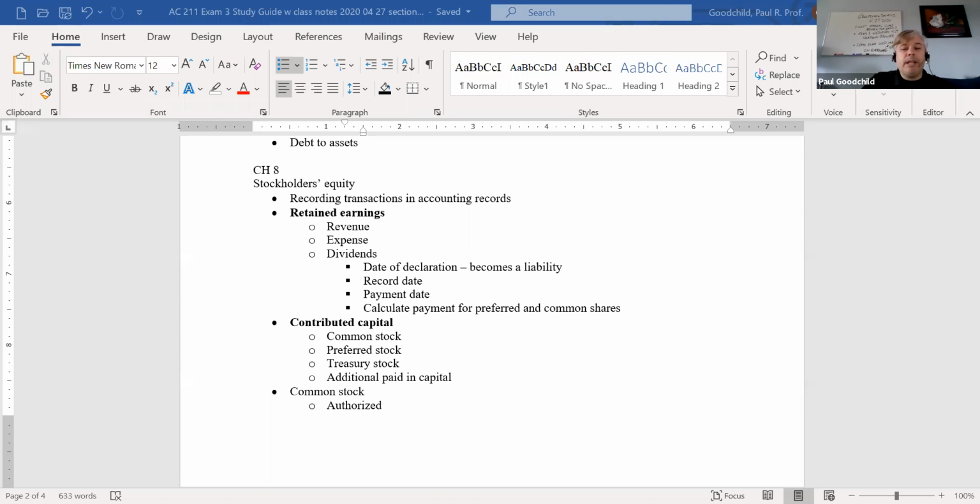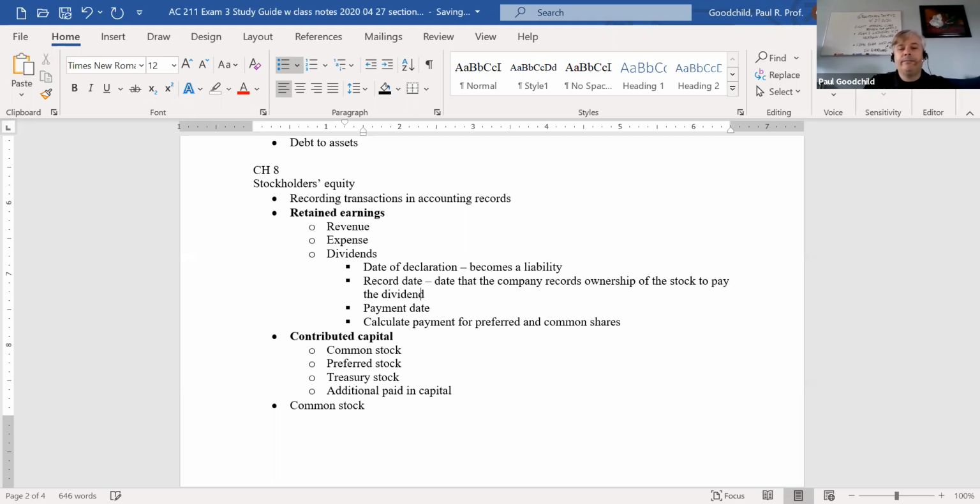The record date, someone asked, can I go over what the record date is? And the record date is the date that the company records ownership of the stock to pay the dividend to that person or entity.